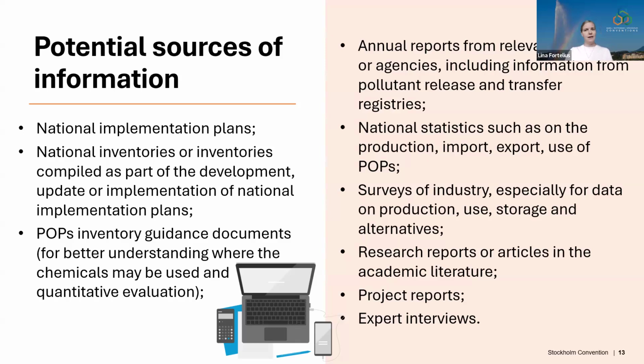Similarly, any POPs related project report by academia and other sectors can be useful. Then you can also try to find information through industry surveys, especially on local use. But availability of alternatives can also be important, but they might be difficult to get and sometimes confidential.